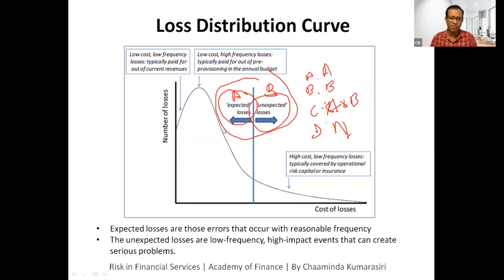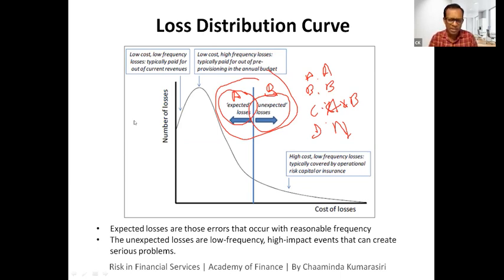You expect, you provide. It might not get materialized. That's a different story, right? So the impairment provision is not a loss provision, not a risk provision. That is provided for expected losses. What is the risk? Risk is unexpected losses.